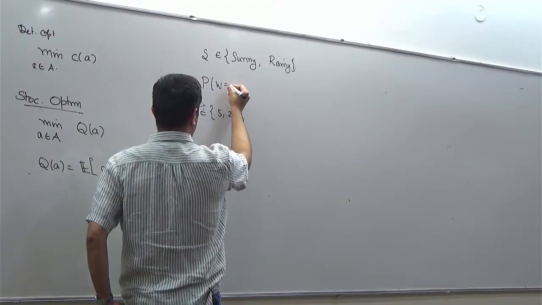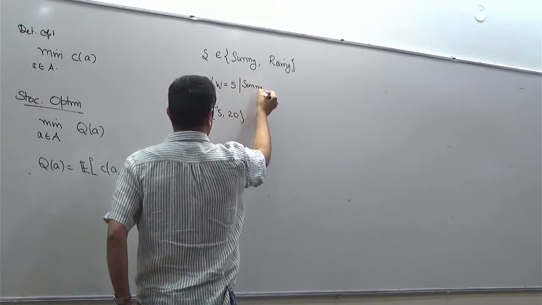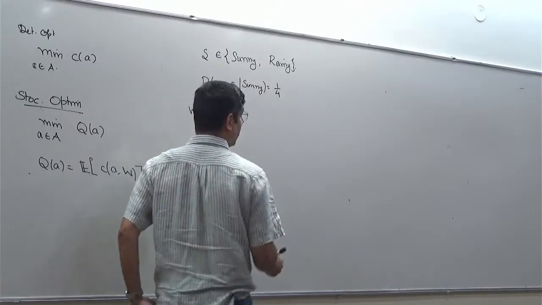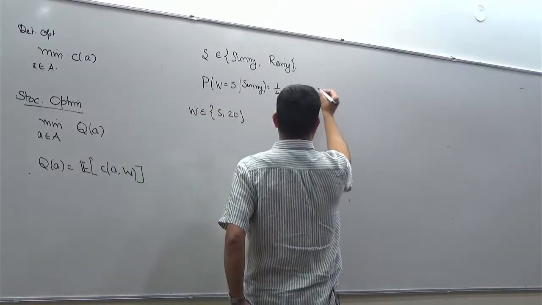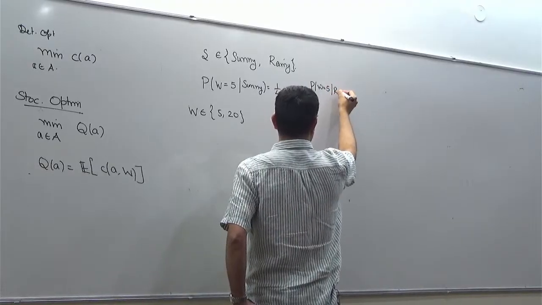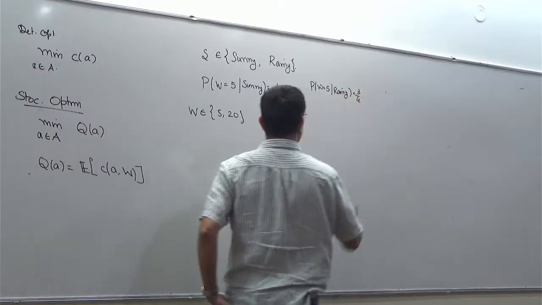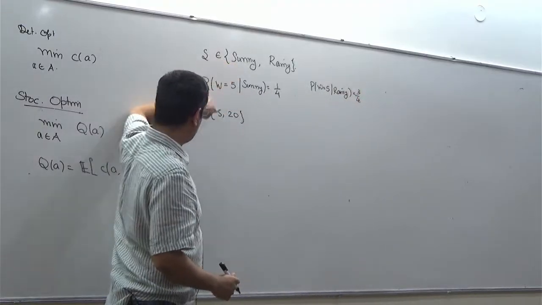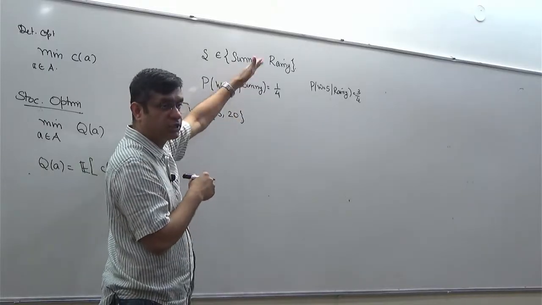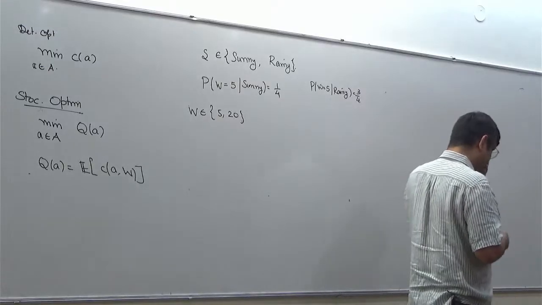So this would be probability W is equal to 5 given sunny, and I'll assume this is the same thing that we had last time, and I need to say what is the probability W equals 5 when this is rainy, and for simplicity let me say this is 3/4. Okay? And note that W is effectively a binary random variable. I'm specifying one probability, so the other is just 1 minus this. That's why I'm not writing it out in detail.